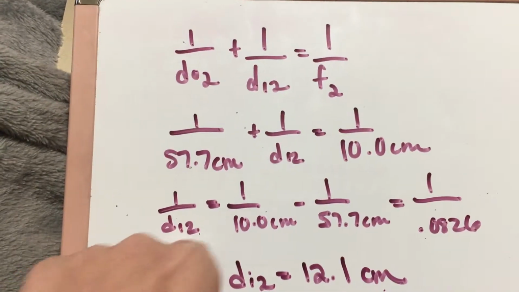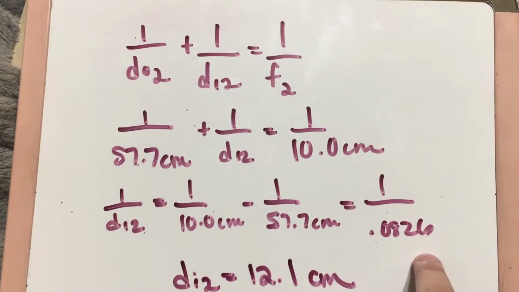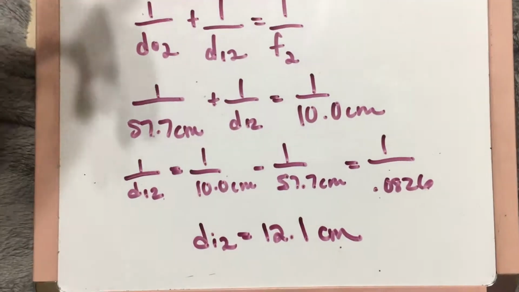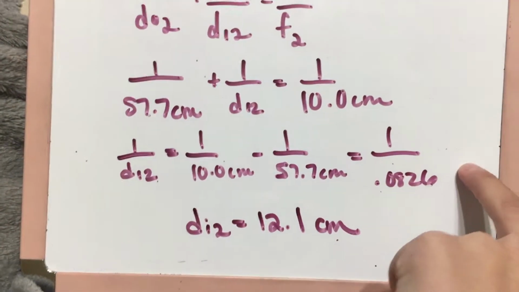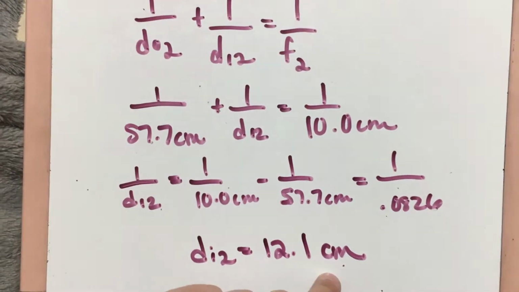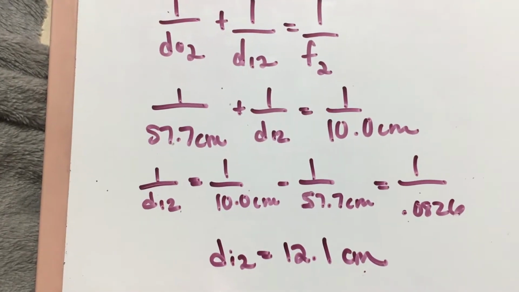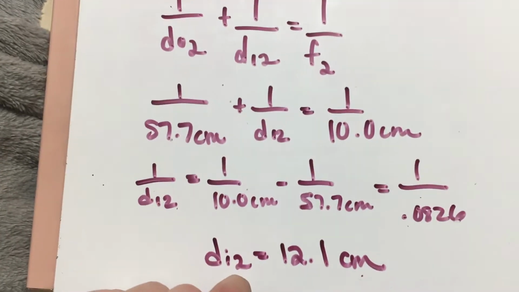Putting it into the equation, we get 0.0826, and then once you put it into the calculator like this, we end up getting 12.1 centimeters for the image distance from lens 2.